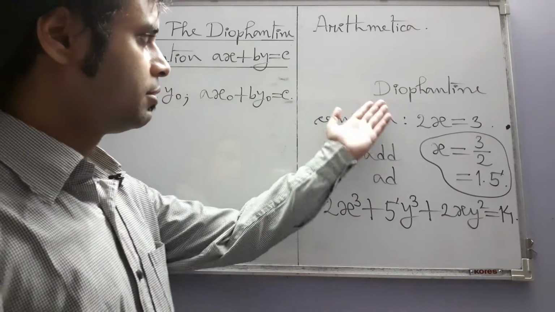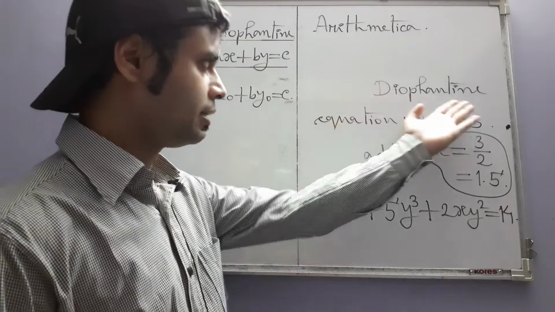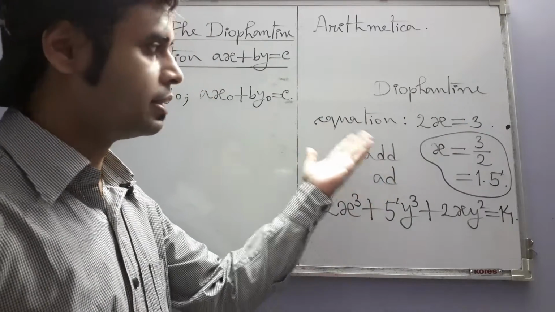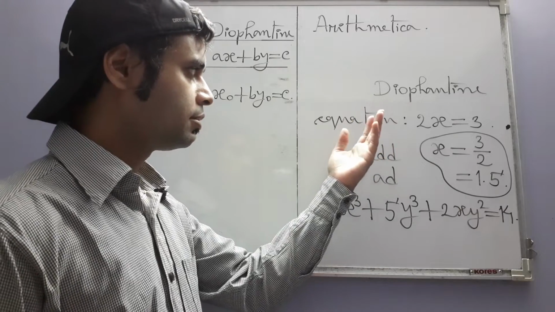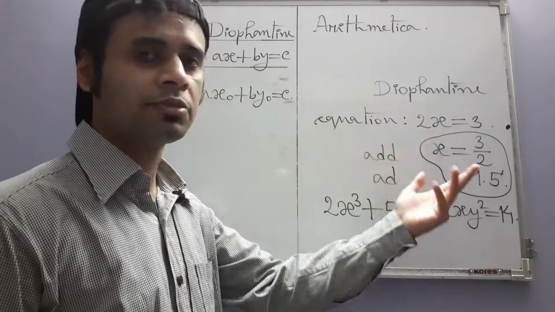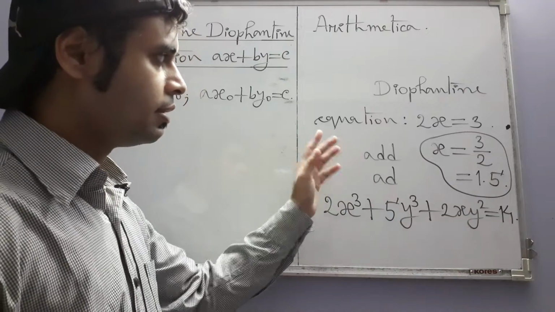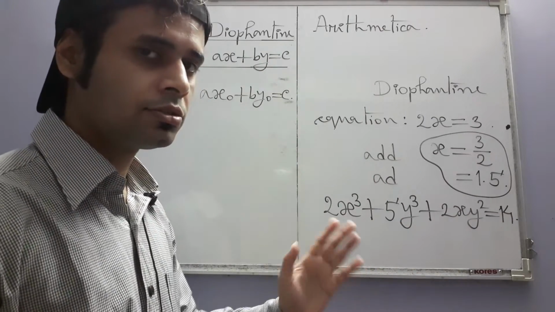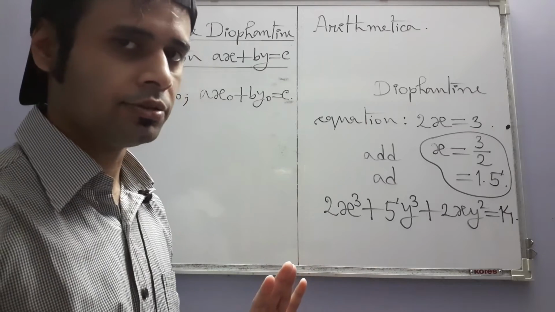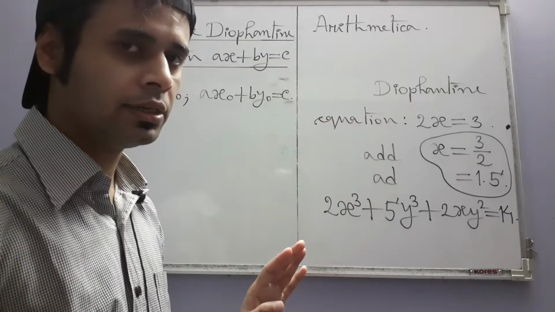So when we are writing something like this, solve the Diophantine equation, say 2x plus 5y equal to 6, then the word integers will not be mentioned. It's understood that we have to find integer solutions. That's why Diophantine equation.